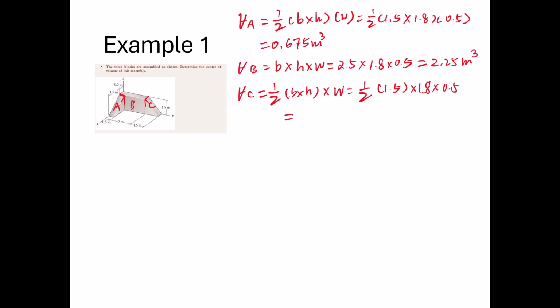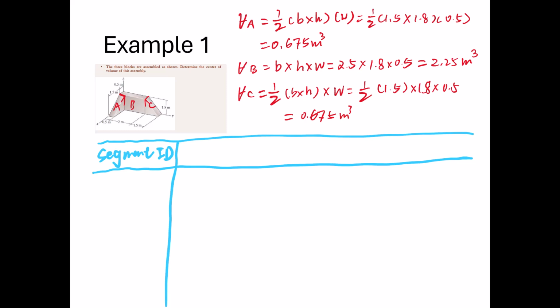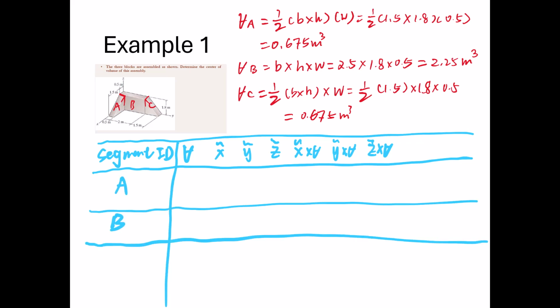Okay, and then let's draw the table. We have segment ID, volume, X, Y, Z. We have A, B, C, and summation.